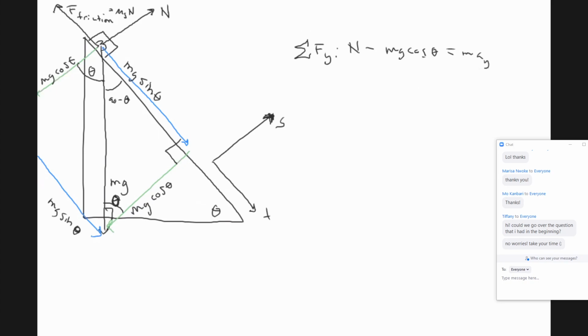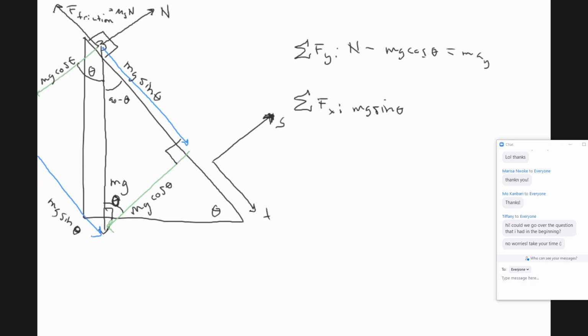Now we do the sum of the forces in the x direction. So what's pointing down and what's pointing up? It would be mg sine theta. Right minus left, right?